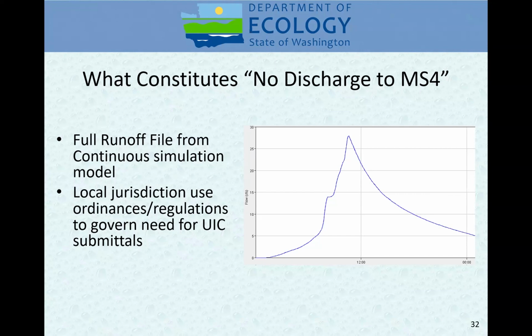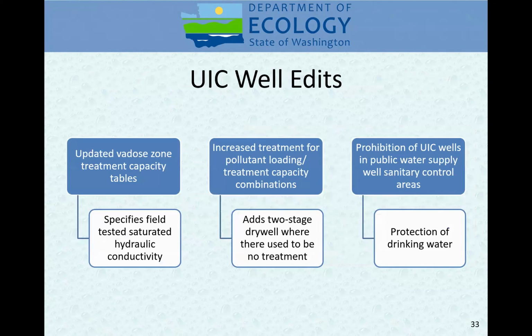Okay, so we made some edits between the 2019 and the 2024, and actually these are edits between the UIC guidance and the 2019 manual, which carried forward to the 2024 manual. So we've updated the vadose zone treatment capacity tables. When you're looking for how to treat water going into a UIC, you take three tables.